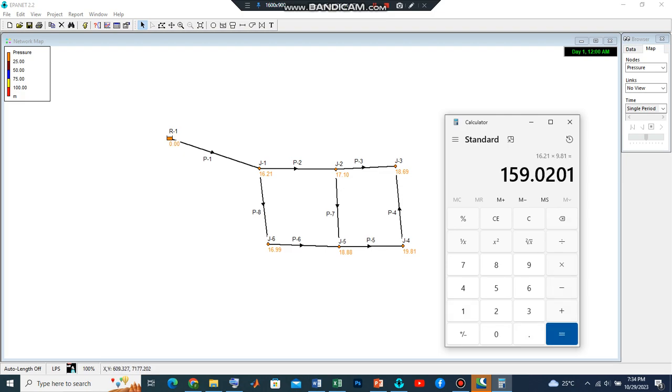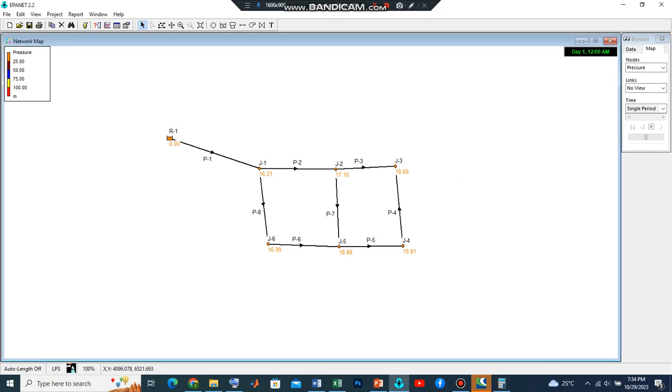What this means is that we're actually having a low pressure situation here. This value is about 159 kilopascal. This means that from the conditions we adopted, it should be between 250 kilopascal to 300, meaning that we need to increase the pressure.